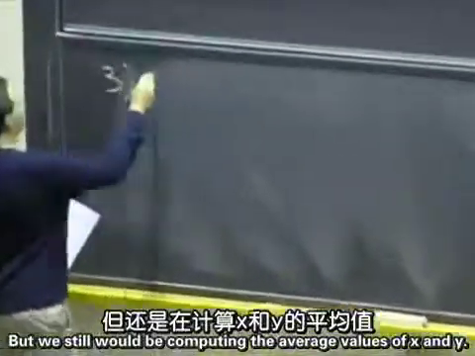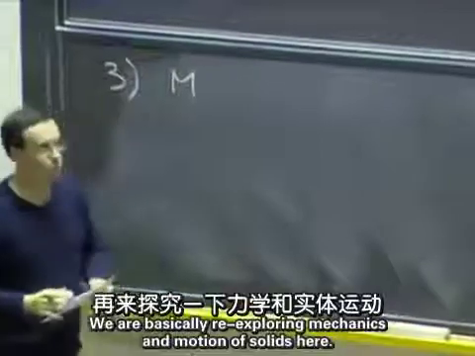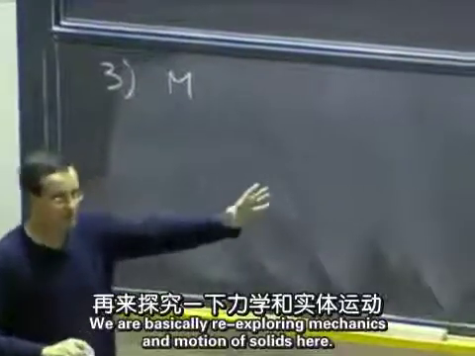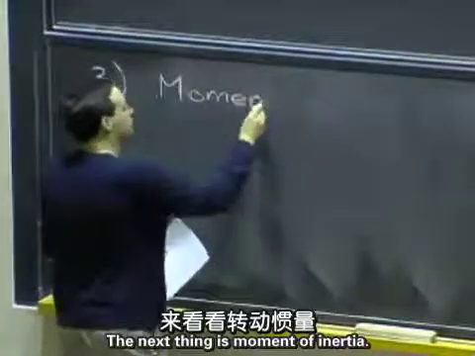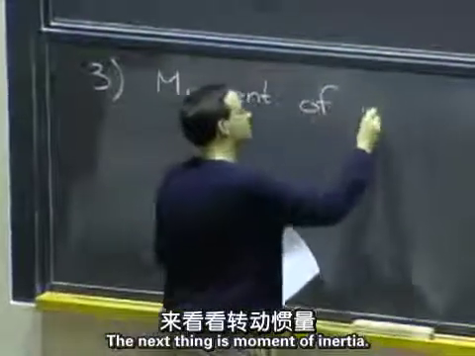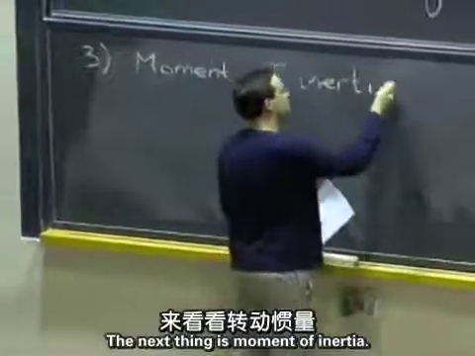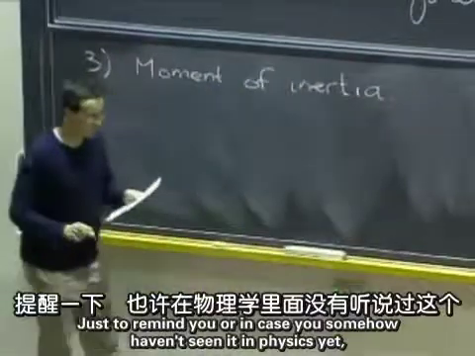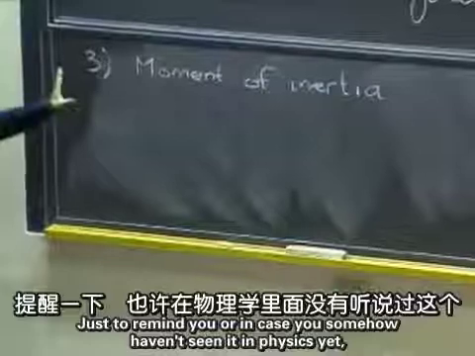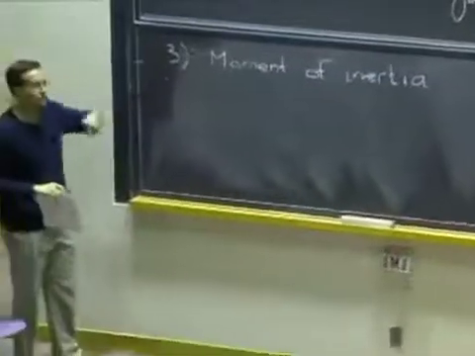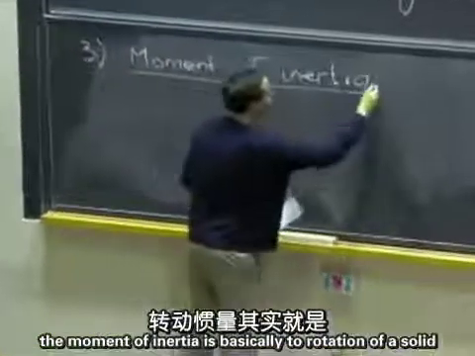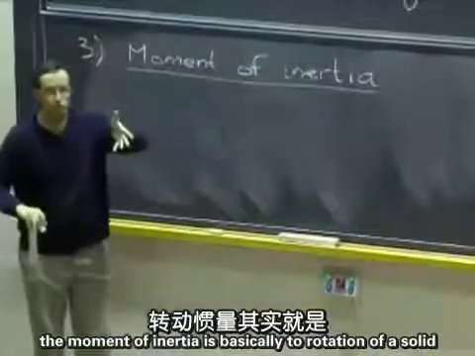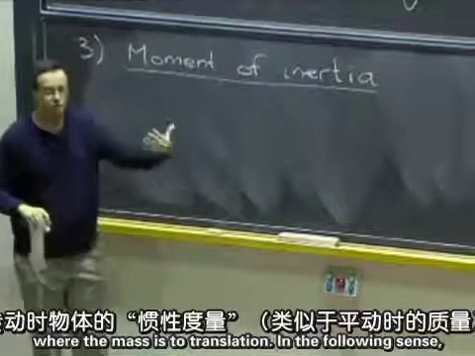So we're basically re-exploring mechanics and motion of solids here. The next thing is moment of inertia. Just to remind you, or in case you somehow haven't seen it in physics yet, the moment of inertia is basically to rotation of a solid what the mass is to translation.